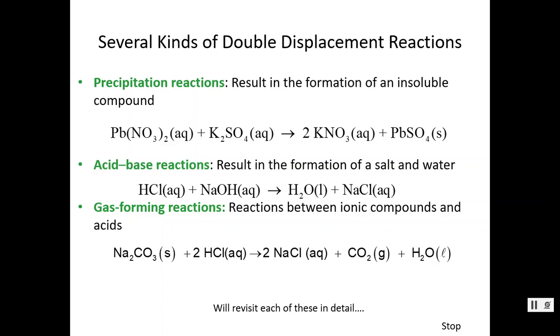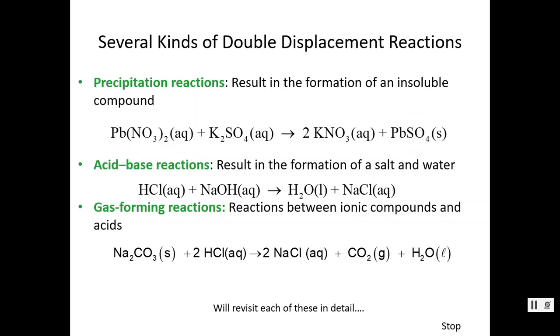Precipitation reactions, the hallmark of a precipitation reaction is the formation of an insoluble compound, specifically a solid. So for example, with this lead 2 nitrate and potassium sulfate, my products, which we will learn how to predict a little bit later on, my two products, potassium nitrate and lead 2 sulfate, this double displacement reaction is also a precipitation reaction because one of my products, specifically the lead 2 sulfate, is insoluble or a solid.